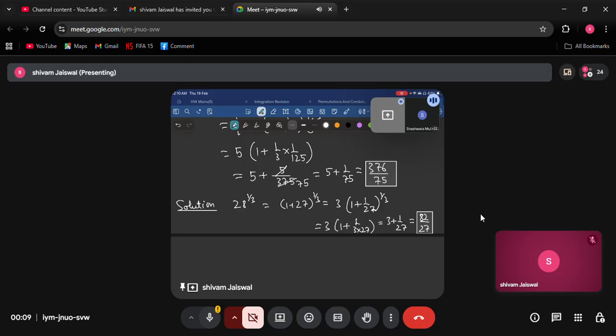Your PNC binomial test will be taken in the first week of March after everyone's exam ends. I think the exam will be ended by 28th March. So keep practicing. Those who have not given the test for ellipse and hyperbola, the next test is compulsory to give.